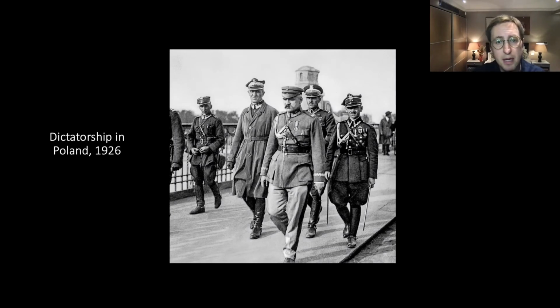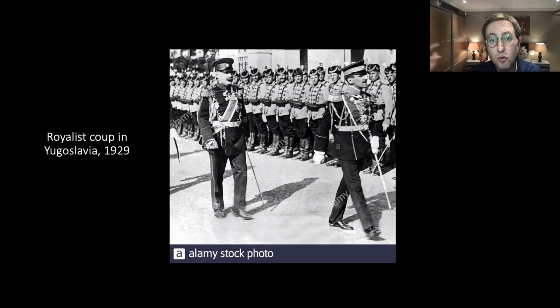Poland, same year, turns into a dictatorial mode of government. In Yugoslavia, and we saw in the presentation details about this particular country, there is a royalist coup. So the king of the Serbs assumes power in a quasi-dictatorial way.